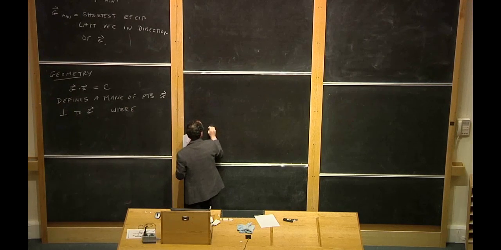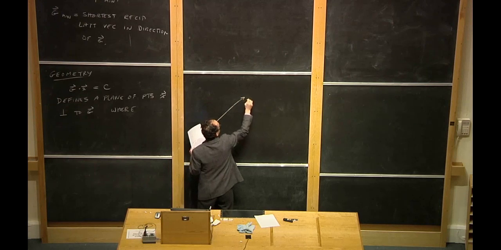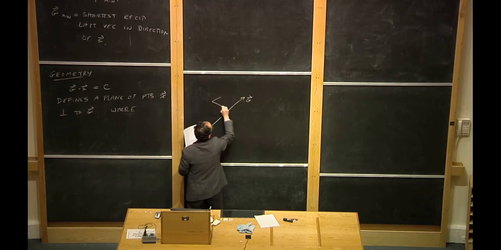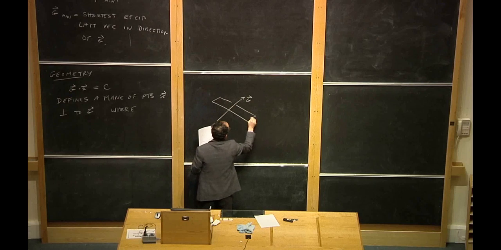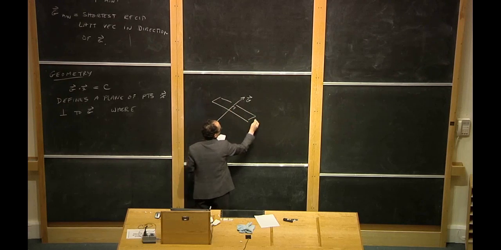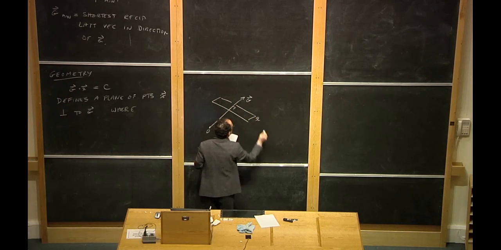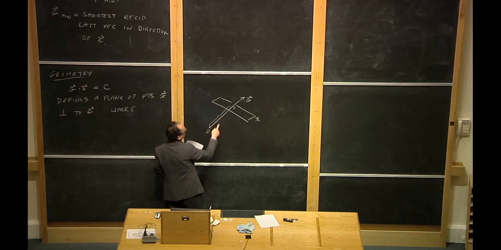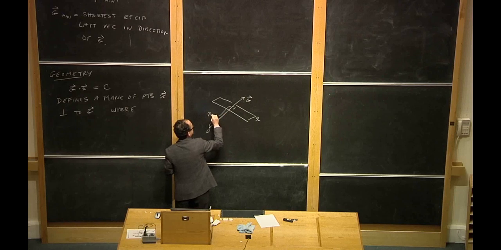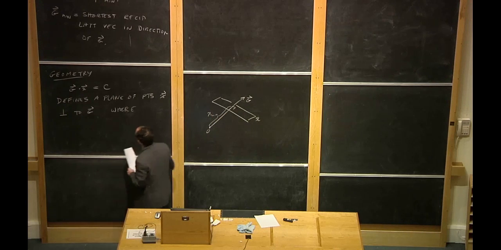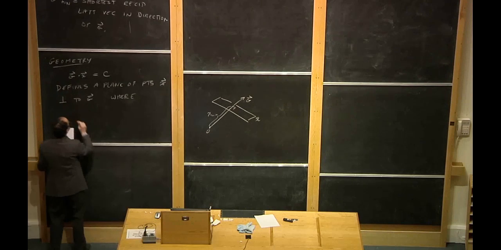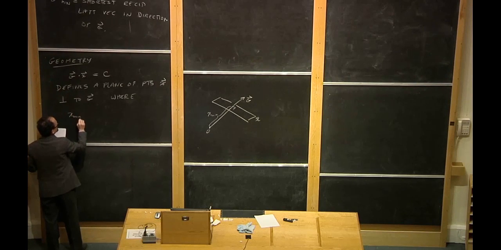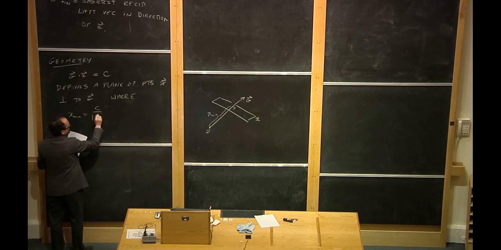So here's the point 0, here's the vector G, here's the plane perpendicular to G. This is the plane of points x. And the distance from 0 to the plane, let's call that distance x min, the minimum distance to the plane, equals c over absolute G.